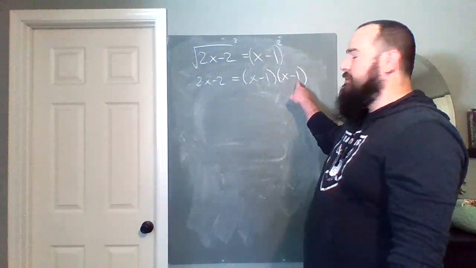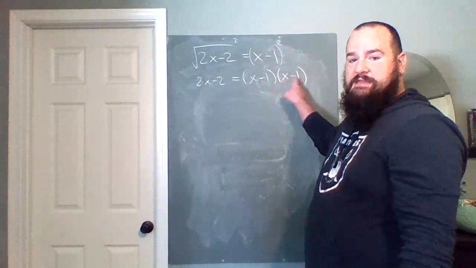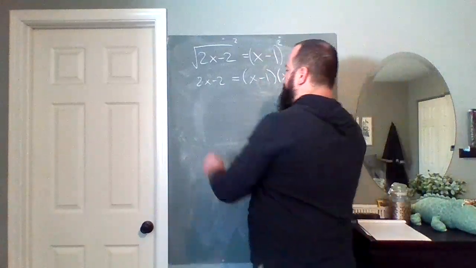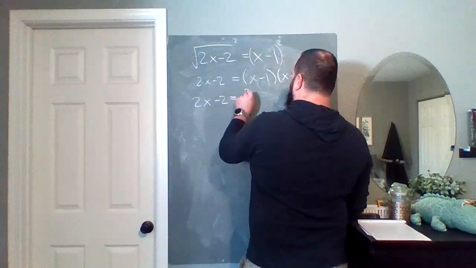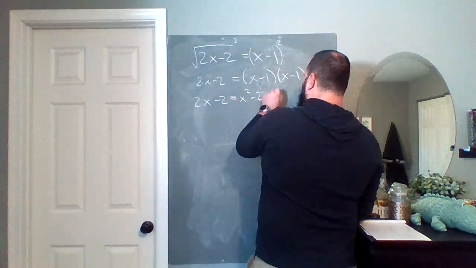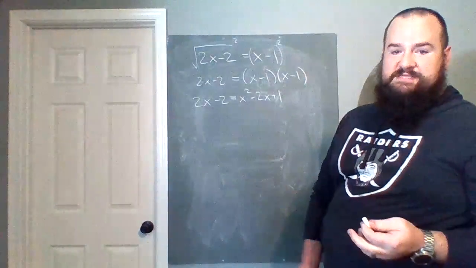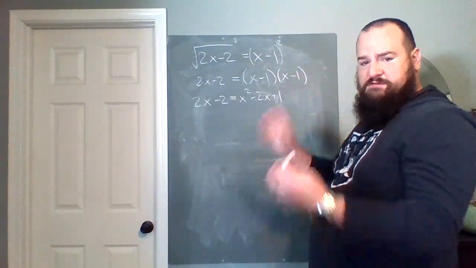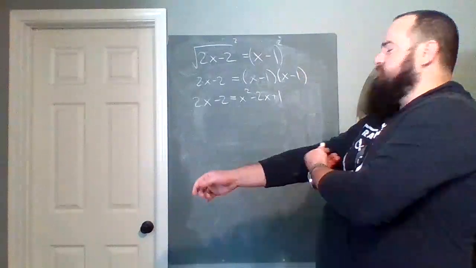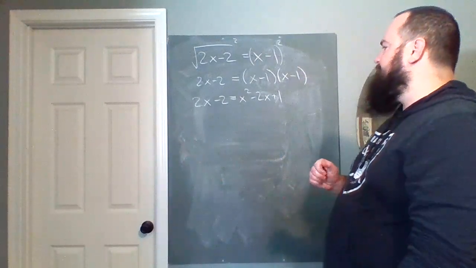First, outside, inside, last. So we end up with this. Now I'll let you guys verify that when you FOIL this out, you get this by combining like terms and stuff like that. That shouldn't be something that you challenge me at this point, hopefully.